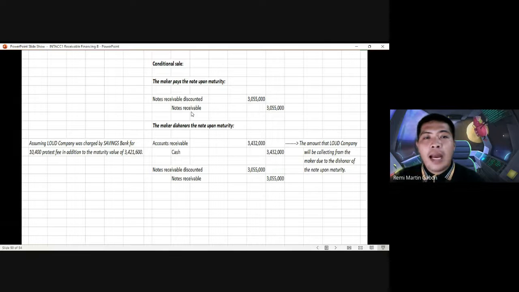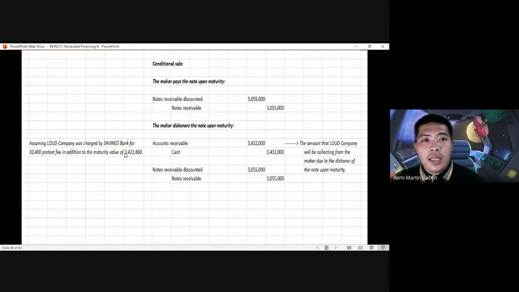Ang problema kapag dishonor ang promissory note ni maker. Kasi anong mangyayari kapag dishonor? Maghahanap ka ng mga charges and other protest fee na idadagdag sa maturity value ng promissory note. Kasi ang gagawin dyan, the endorser or si Loud Company will set up an accounts receivable account by the total of 3,432,000 na amount.